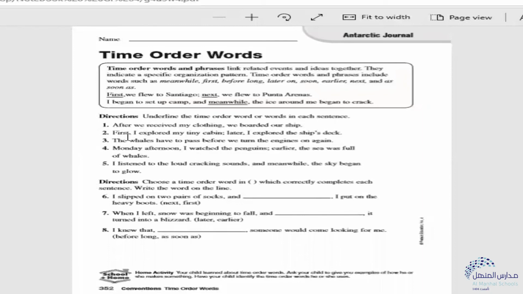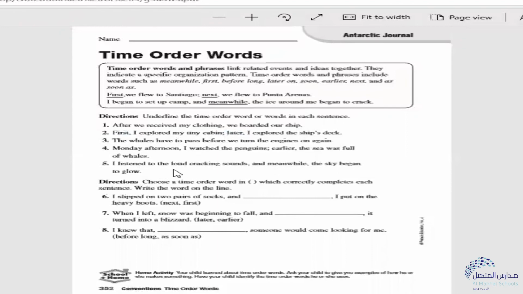Secondly, first I explored my tiny cabin, later I explored the ship's deck. The two words first and later tell us a little bit more of how the events took place. First, the person explored the cabin, and thereafter he went up to the deck and explored what was on the deck. So the two words showing us time are first and later.